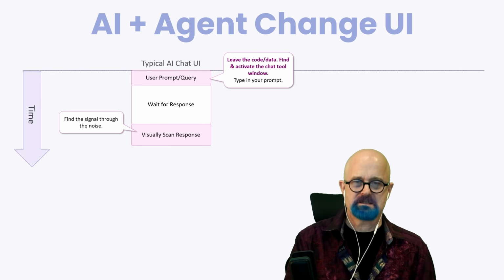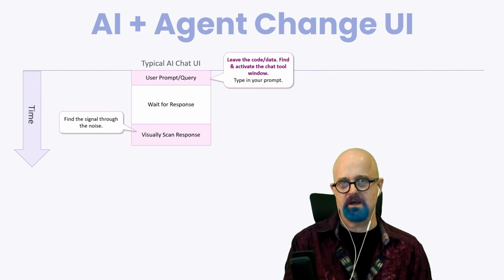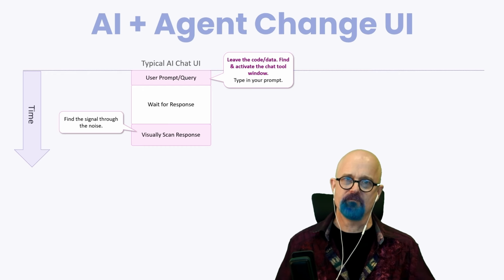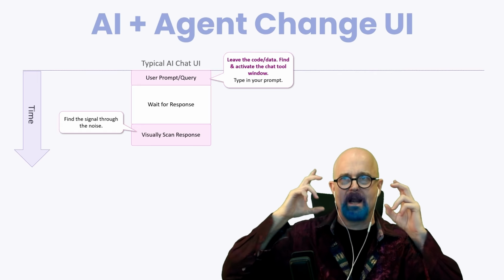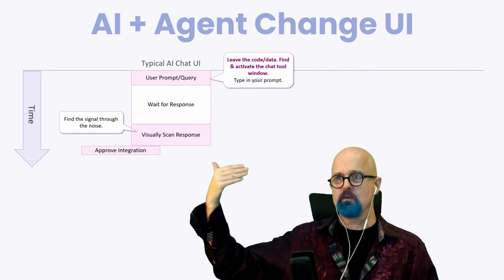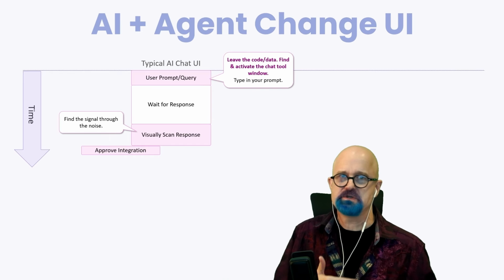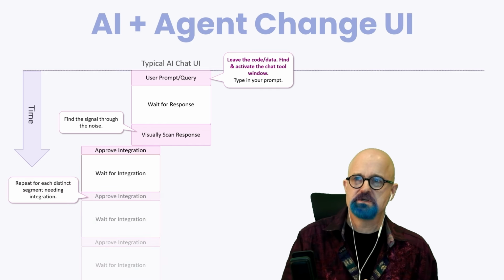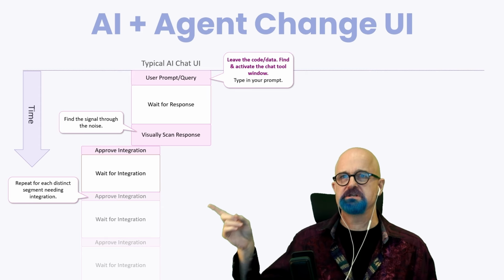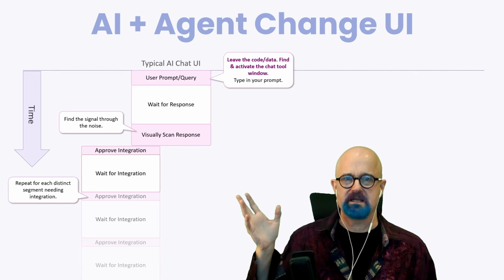We are looking sometimes for signal through a lot of noise because AI often likes to be very helpful and give me some contextual information before and after the essence of what I need. If there's integrations, we will pre-approve those integrations, usually with some sort of preview window. And then we'll wait for the integration to complete and we'll repeat for each distinct segment that needs integration.